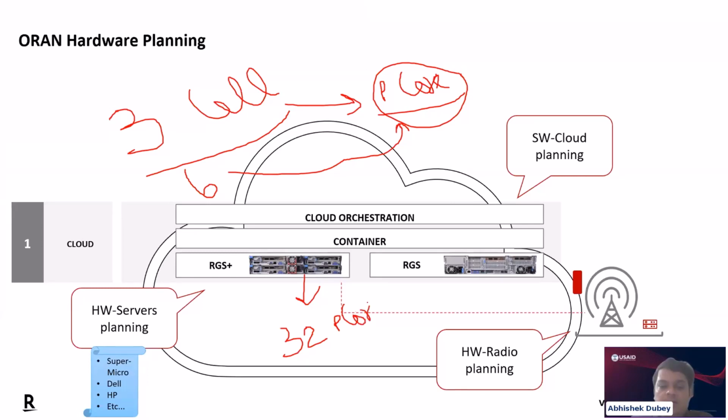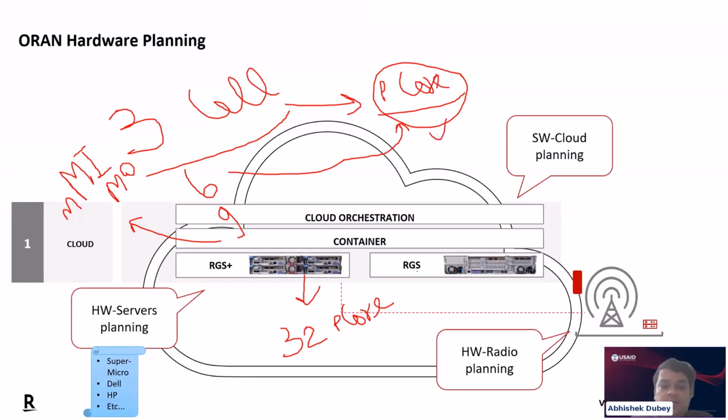Now, let's say there is one customer who might need to instantiate 9 cells with heavy configuration. Heavy configuration means they need to deploy massive MIMO, not the simple 2x2 MIMO or 4x4 MIMO. They are looking at massive MIMO, so that all leads to heavier configuration with a higher P core requirement.